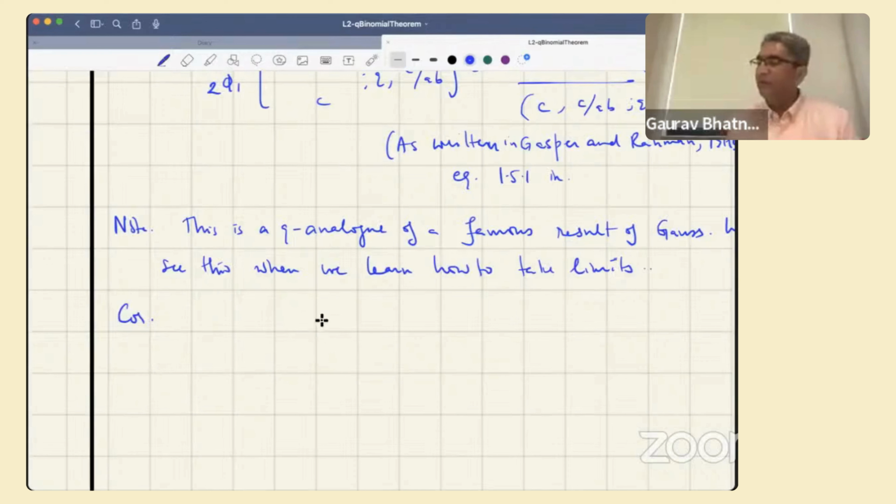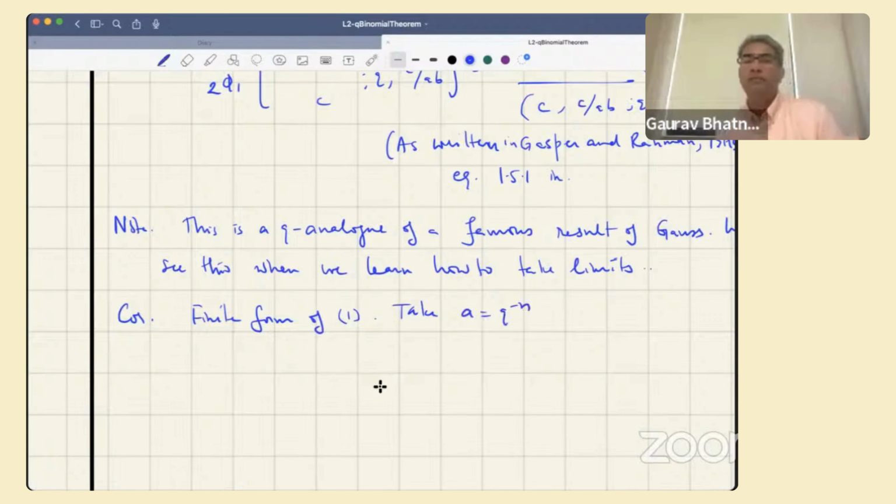So a finite form of identity 1: you take q, one of the numerator parameters is q raised to minus n. So what happens is that you'll get a terminating sum.